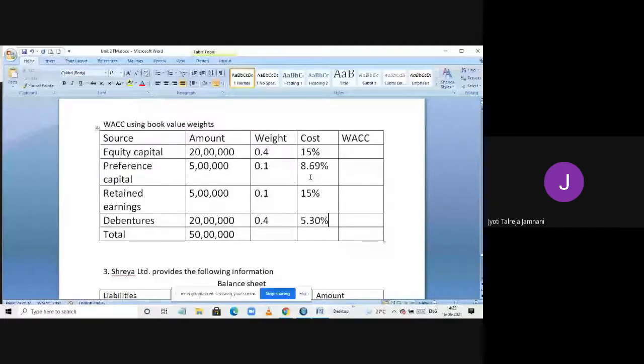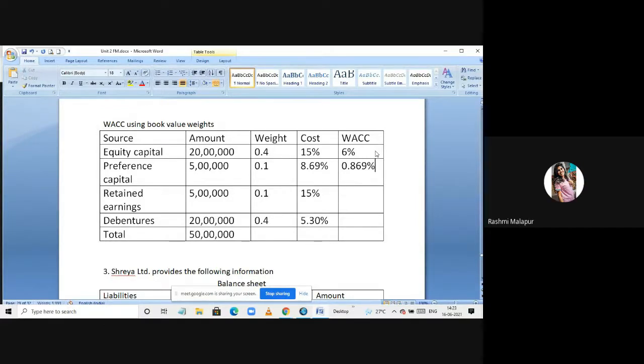Now if you multiply the weightage with the cost, you will get the WACC. So 0.4 into 15. How much do you get? 6%. Then 0.1 into 8.69, 0.869.